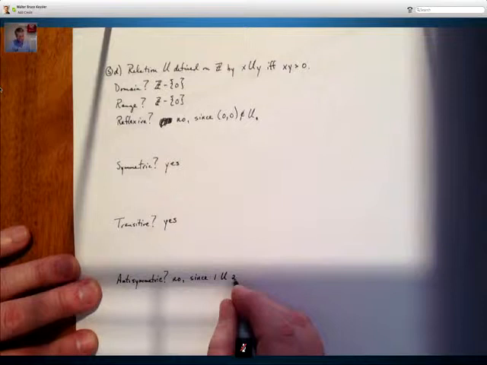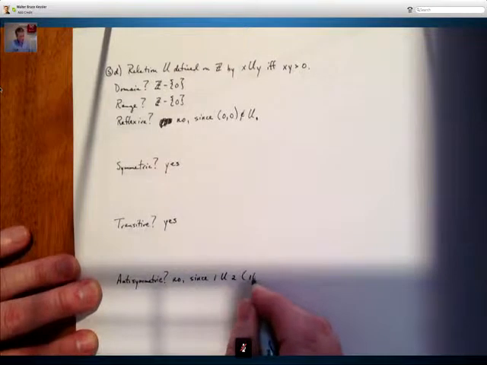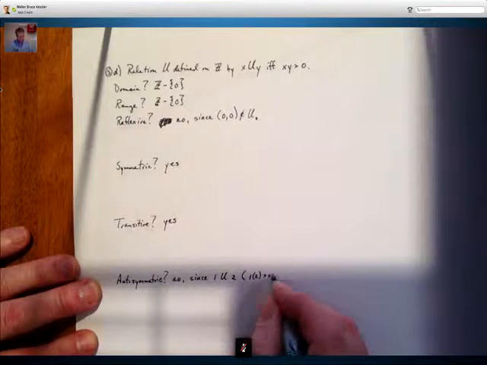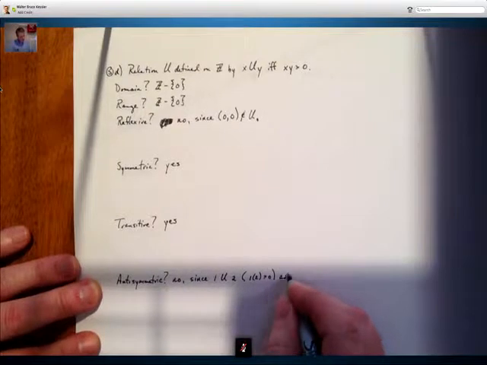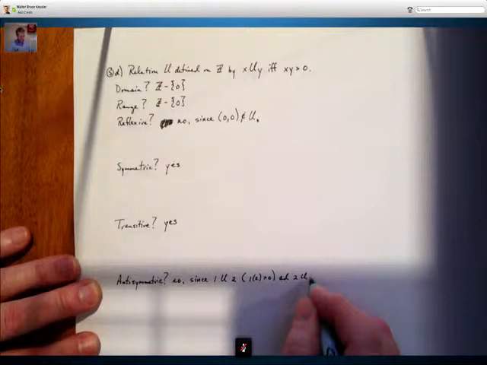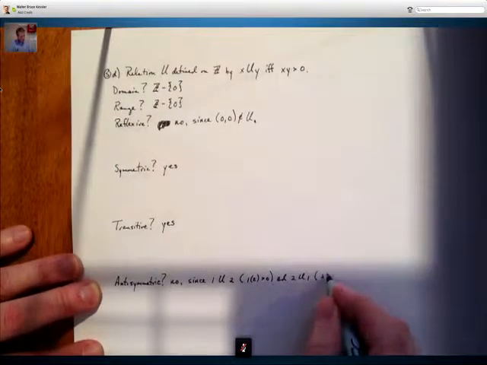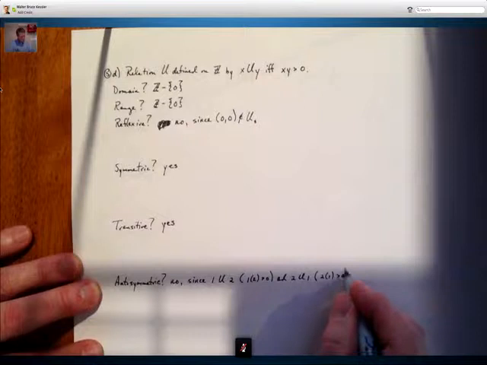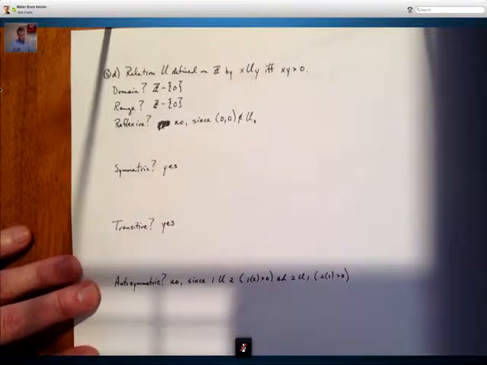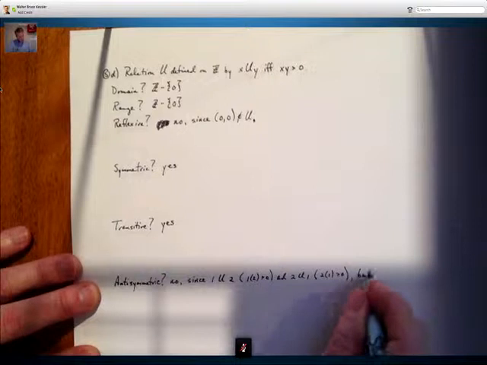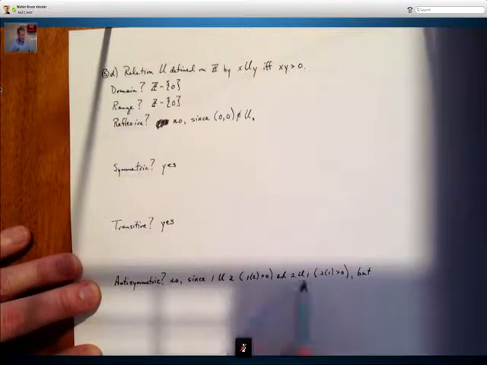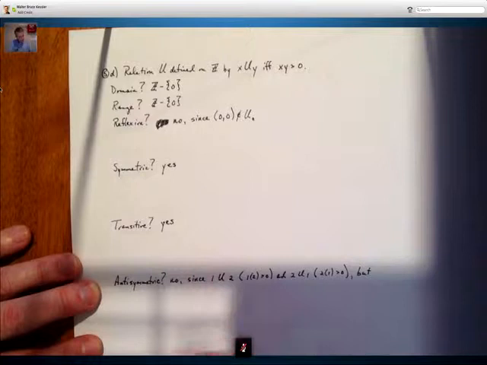Since 1 is related to 2, and that just simply means 1 times 2 is positive, and 2 is related to 1, that just means that 2 times 1 is positive. Actually, those are the same thing, right? So, but if this were anti-symmetric, it would force 1 and 2 to be equal.